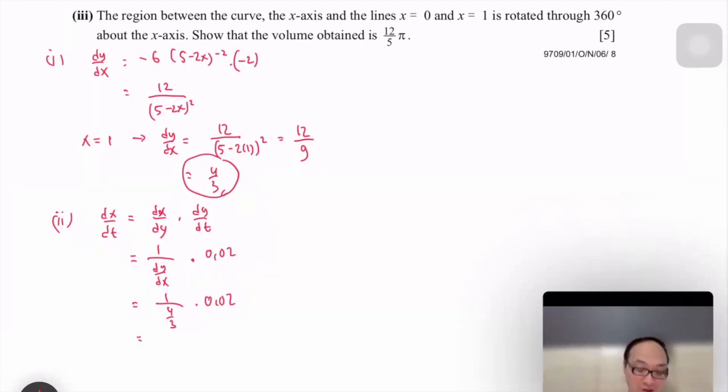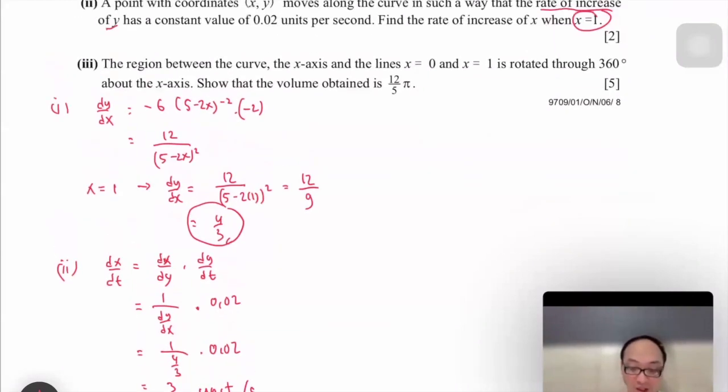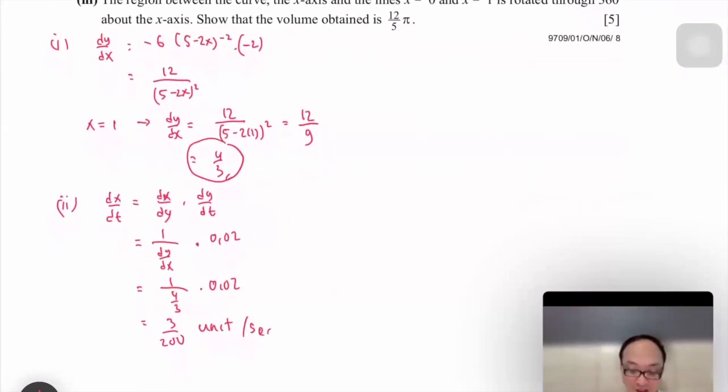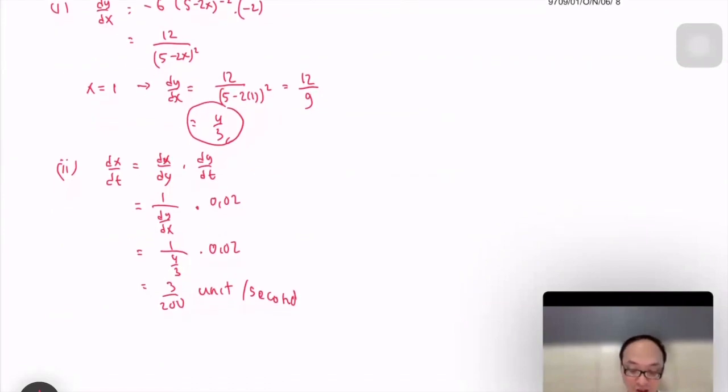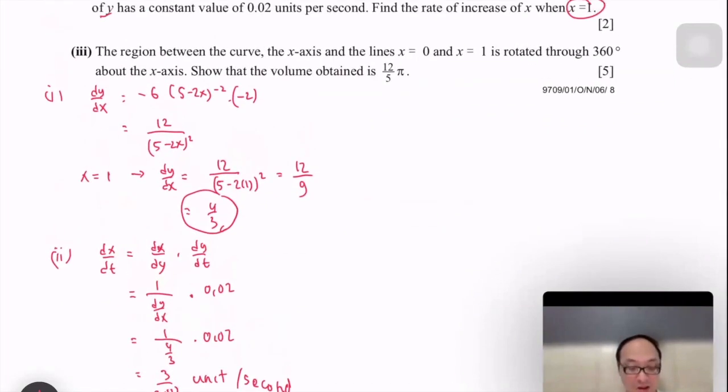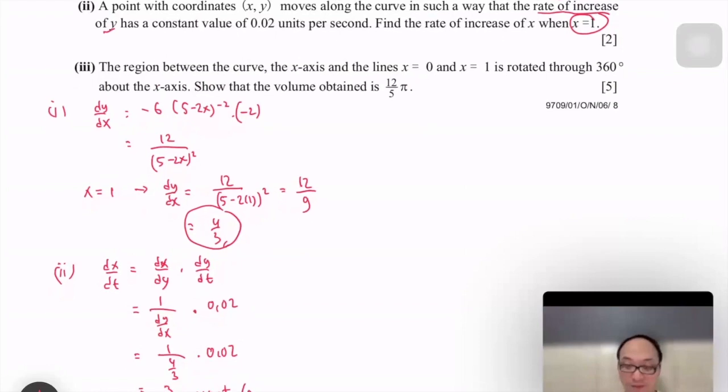So it's 3/4 times 0.02, so it's 3/200 units per second. That's the second one.